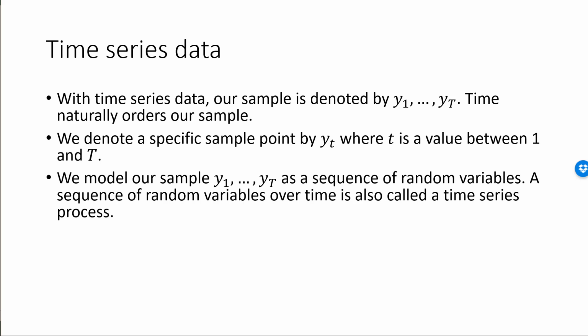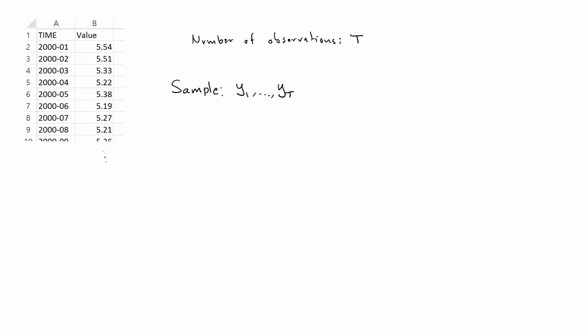That the sample that we view, y1 through y_T, is viewed as a sequence of random variables. Now, whenever we have a sequence of random variables over time, we often call this sequence a time series process or a time series sequence.